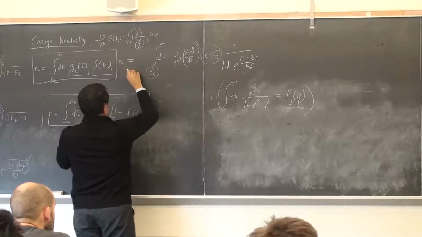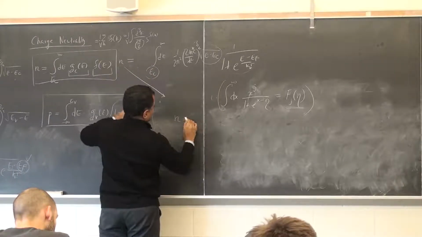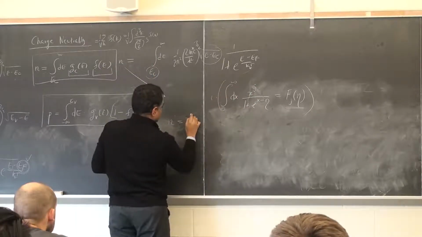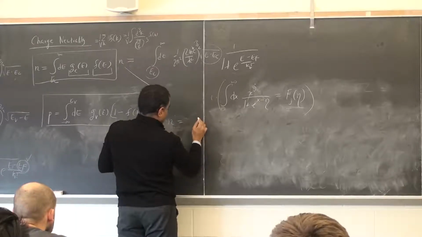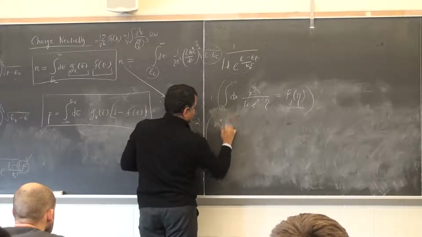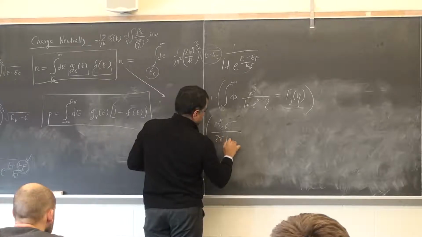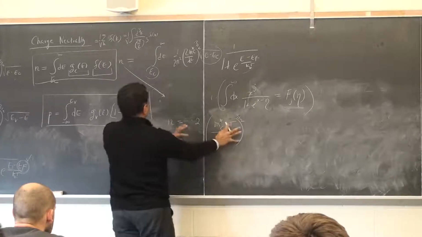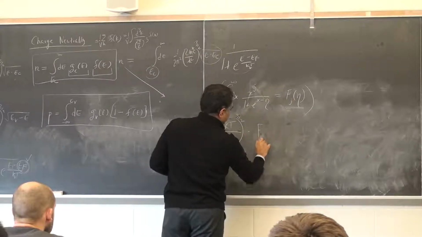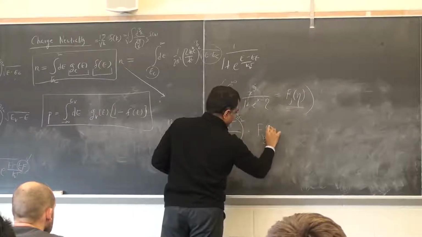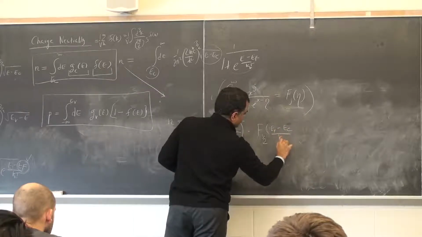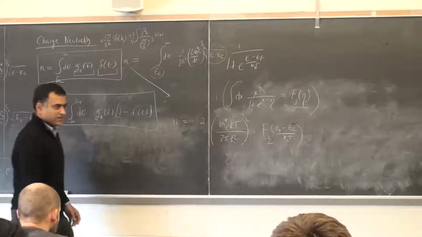So in other words, what you can show, without writing the whole thing out, is that after some substitutions of energies, the electron density is a product of 2 times (m star kT over 2 pi h bar squared) to the 3/2. This comes out of all these combinations, times the Fermi Dirac integral of order half of eta, where eta is EF minus EC over Boltzmann constant times T. So you get this full formula for 3 dimensions.